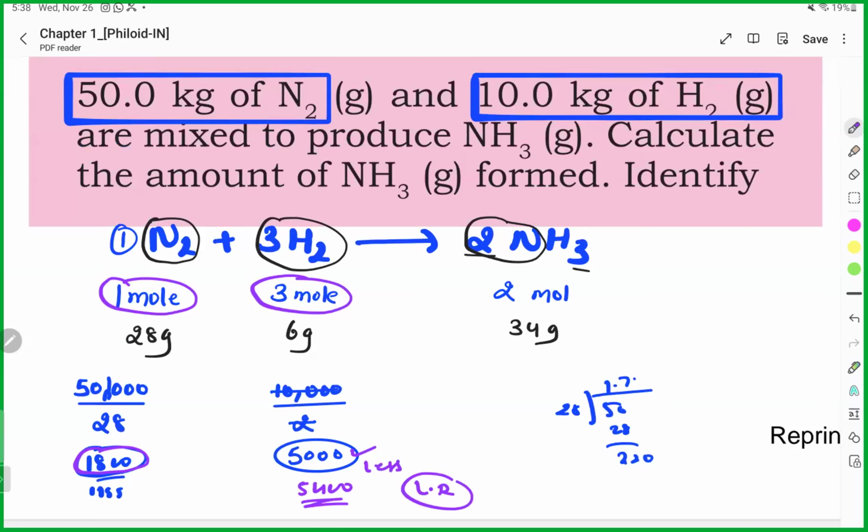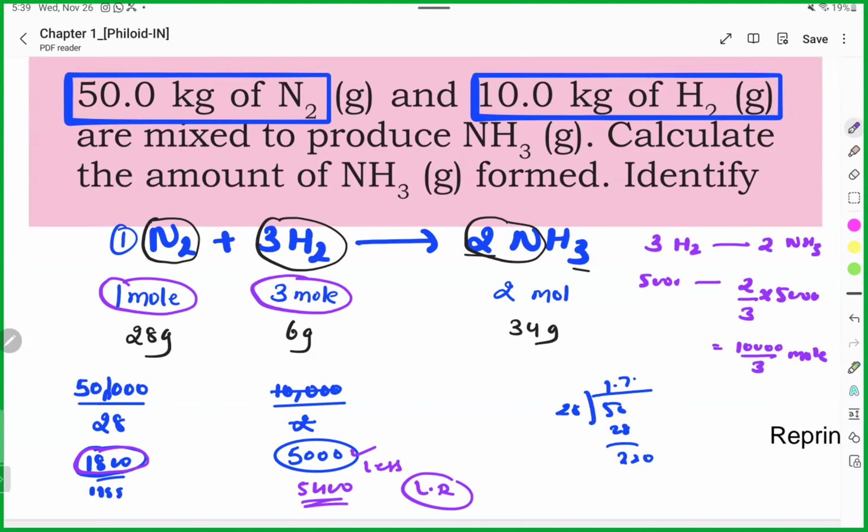So hydrogen will decide the moles of ammonia. If you take 3 moles of hydrogen, you produce 2 moles of ammonia. If you take 5000 moles of hydrogen, how many moles will be produced? 2 divided by 3 multiplied by 5000, so 10,000 divided by 3 moles is produced.